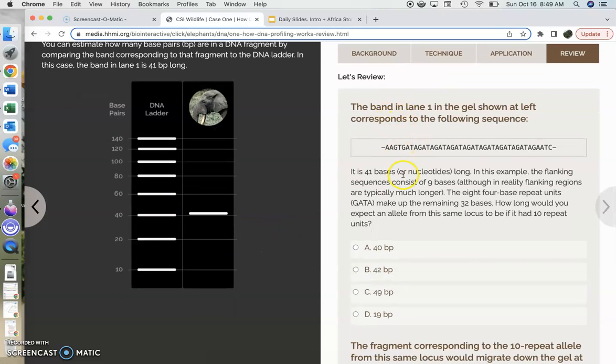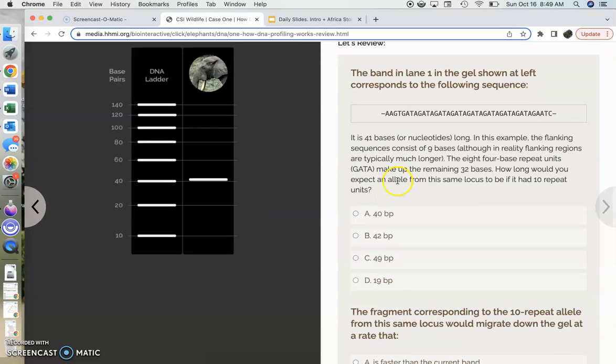We've got a question that says the band in lane 1 has the following sequence. It's 41 base pairs. In this example, it consists of 9 flanking bases, although in reality the flanking regions are longer, and 8 4-base repeat units. So we've got 4 bases in our repeat.